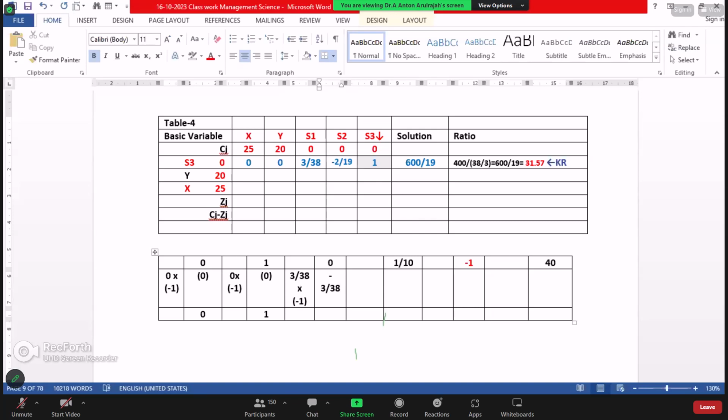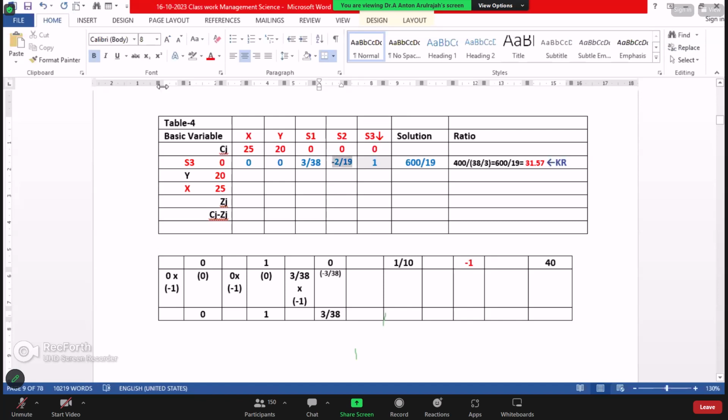Then 0 minus 38 becomes plus 3 by 38. Okay. Be careful about the minus and plus values. The minus 3 by 38 is a plus value.